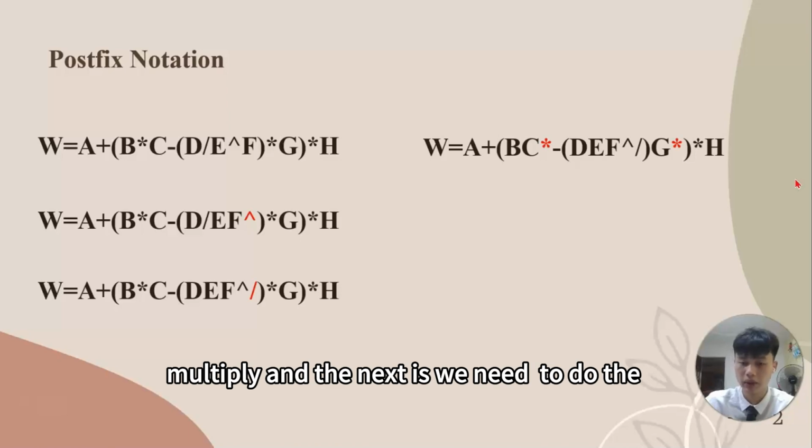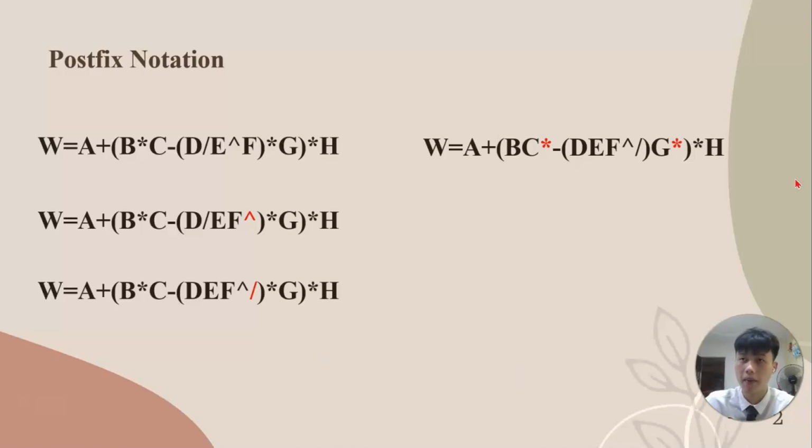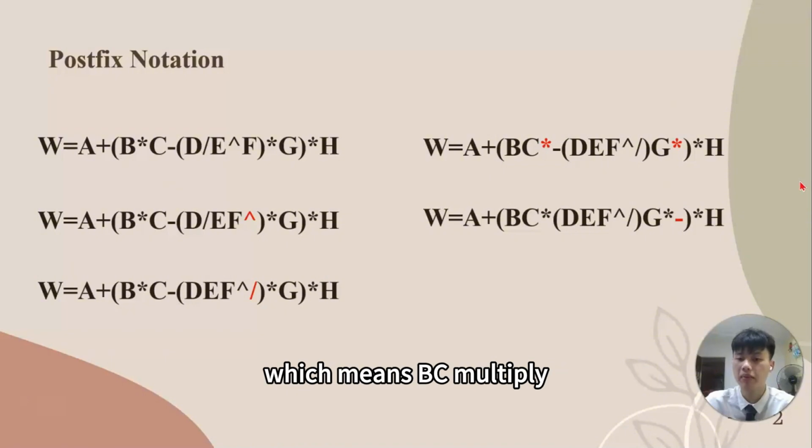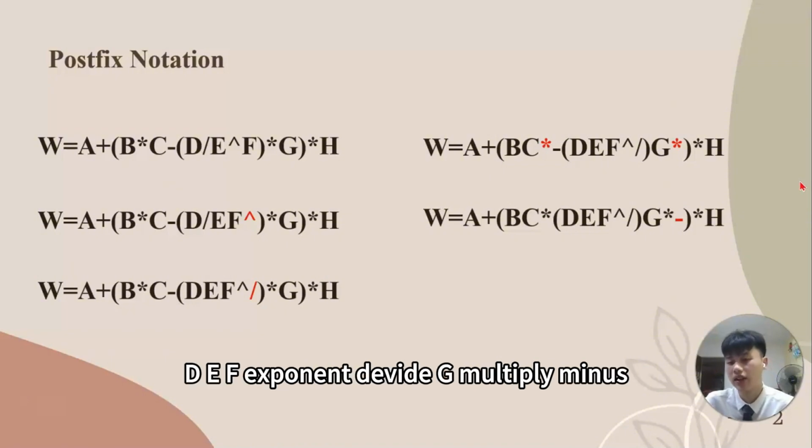And the next is we need to do the minus. So we move the minus to the back side, which means BC multiply DEF exponent divide G multiply minus.